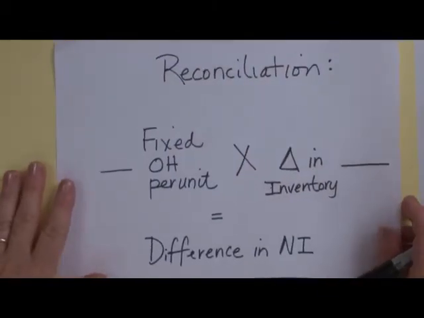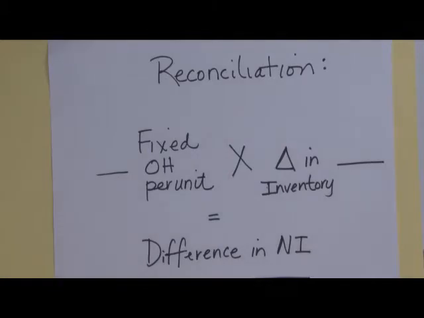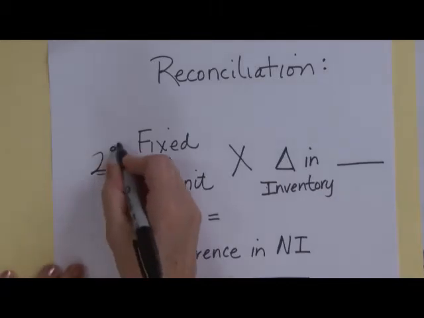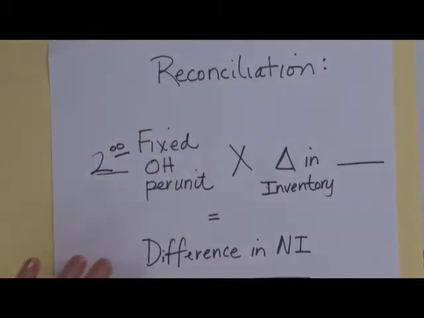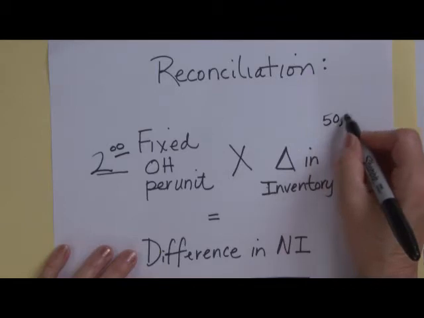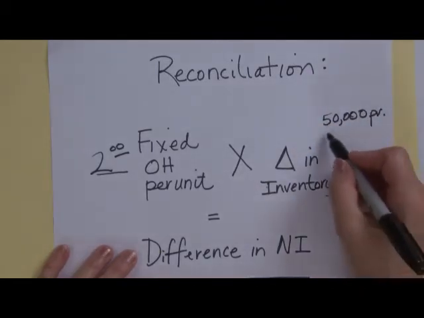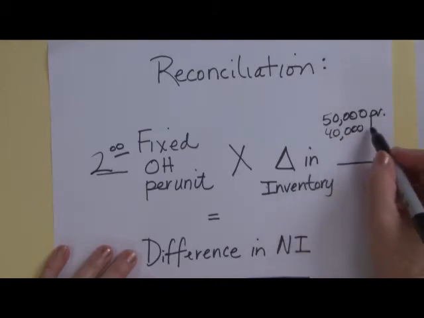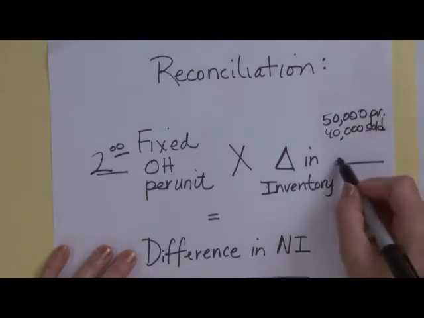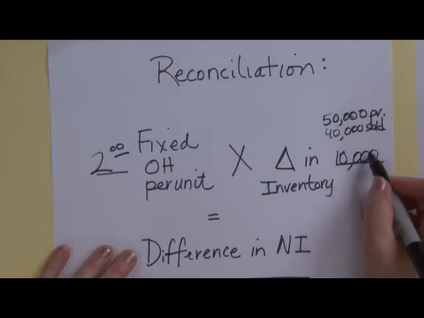There's a formula that you can always use to reconcile the differences between these two approaches. If you take the fixed overhead per unit, which we recall to be $2, and you take it times the change in inventory, which in this case we had 50,000 produced, but we only had 40,000 units sold, so it would be 10,000 units.